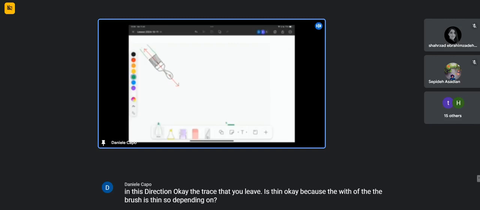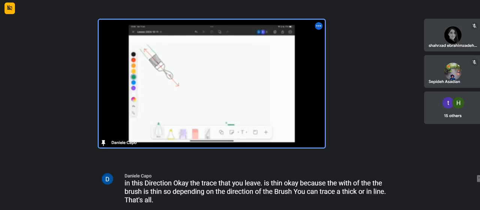So, depending on the direction of the brush, you can trace a thick or thin line. That's all. You can see this scheme represented here.